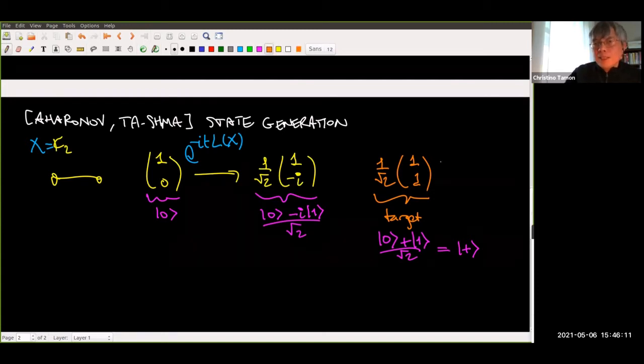So can somebody tell me if this is possible or not? Can we instead generate the 1, 1 state as opposed to the 1, minus i state? Is this possible at all? Or can we rule this out immediately?